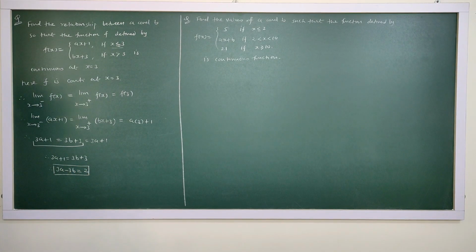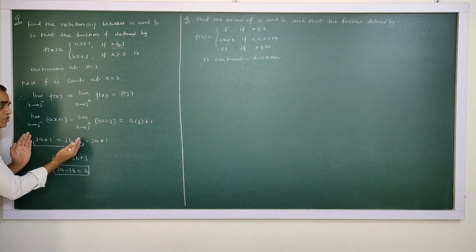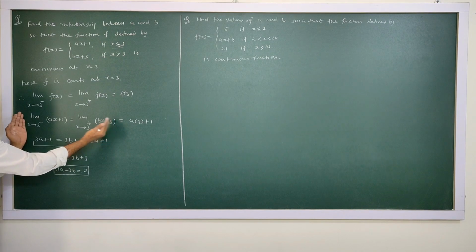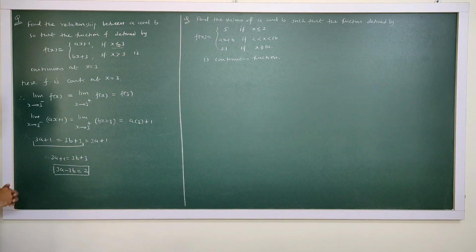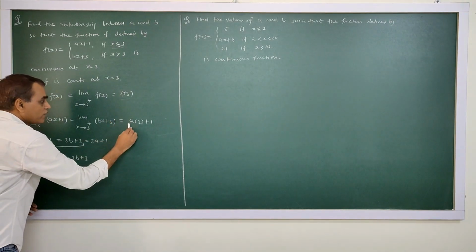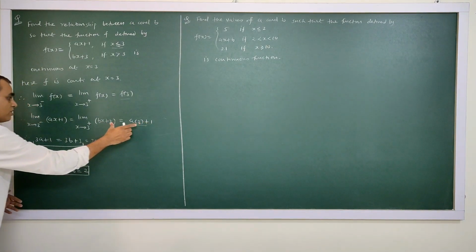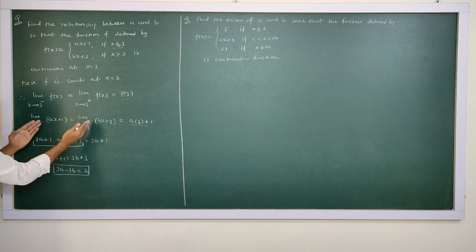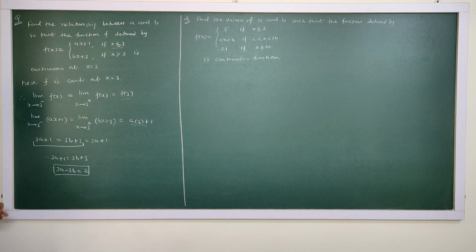So to find the relation between a and b in this question, only these two values are sufficient. In calculation, if we do not include f of 3, then also using only these two values, this can be obtained.